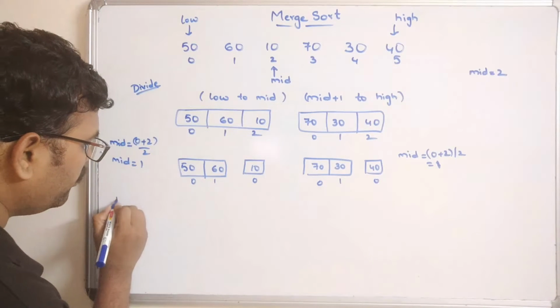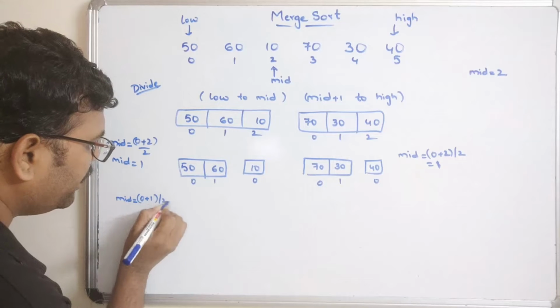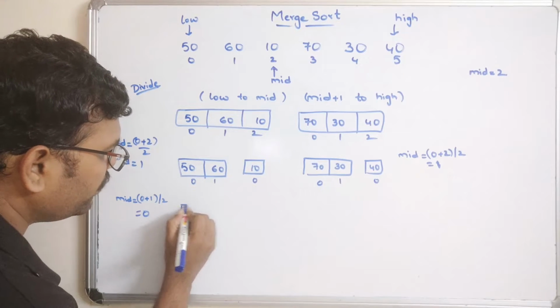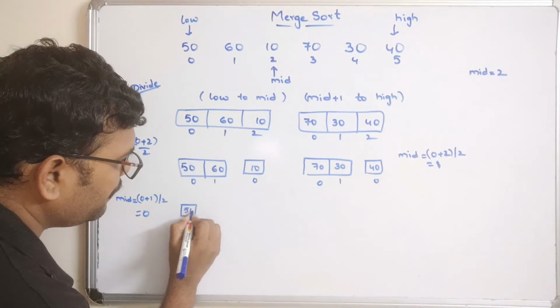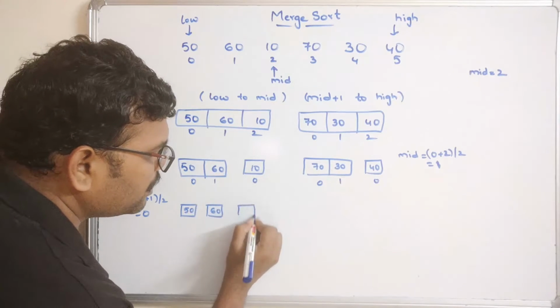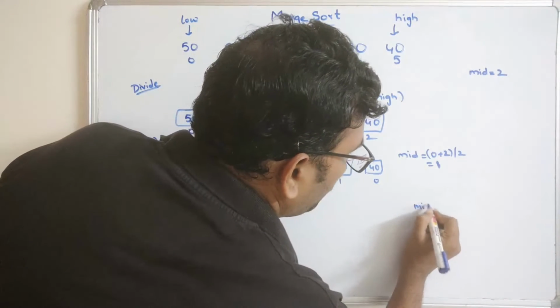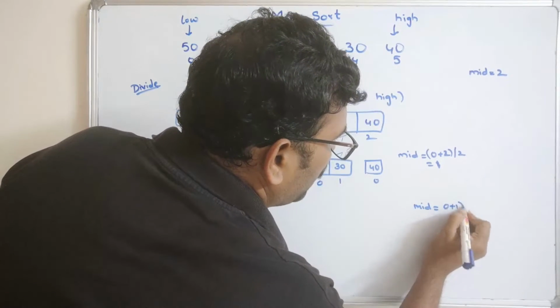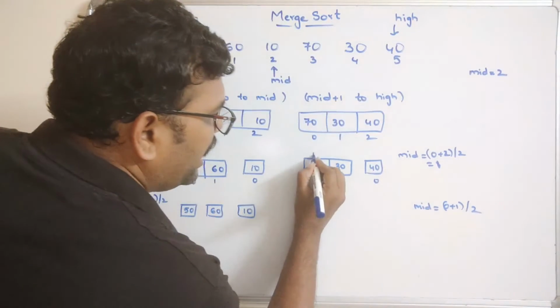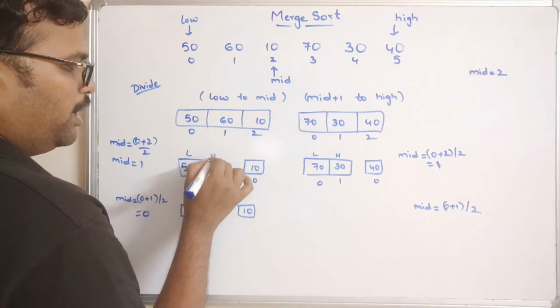Here again we need to divide. Mid is equal to 0 plus 1 by 2, which is equal to 0. So we consider 50, we consider 60, and here is only one part, that is 10. Here also the same: mid is equal to 0 plus 1 by 2, because this is low and this is high.